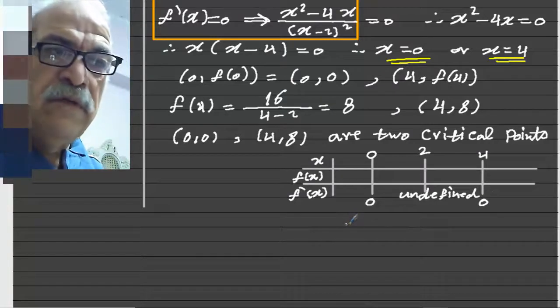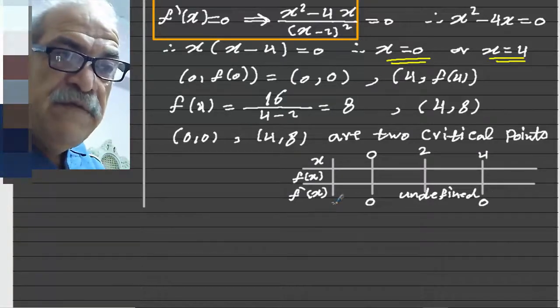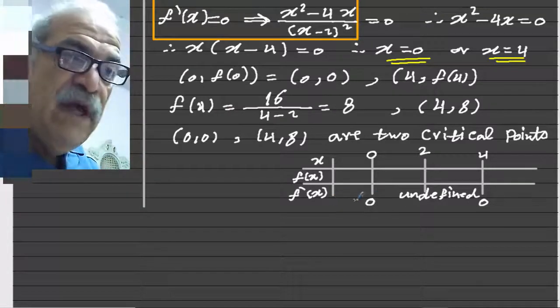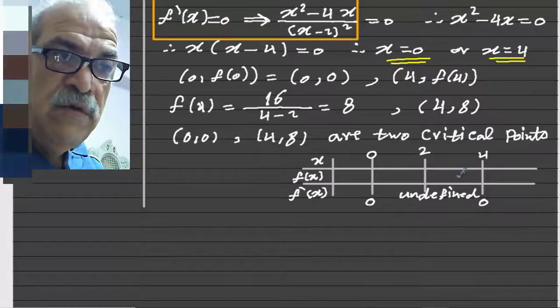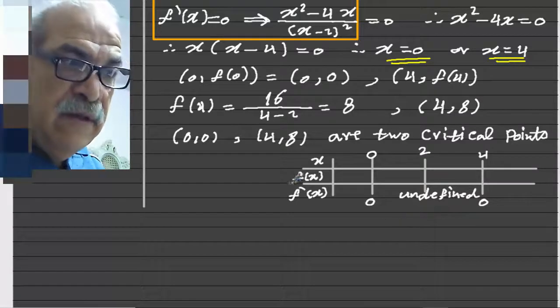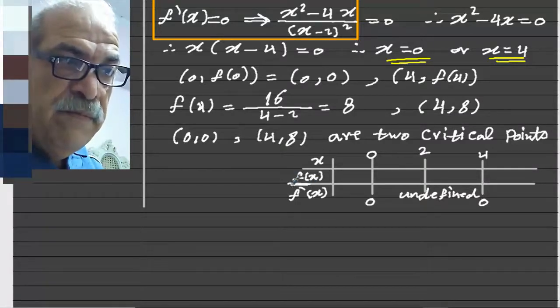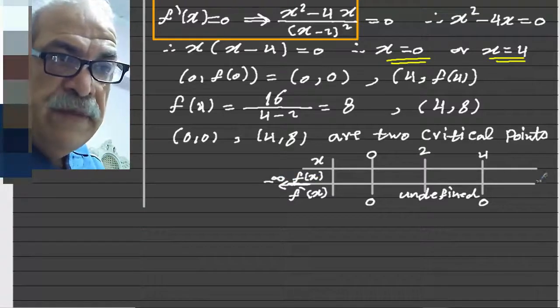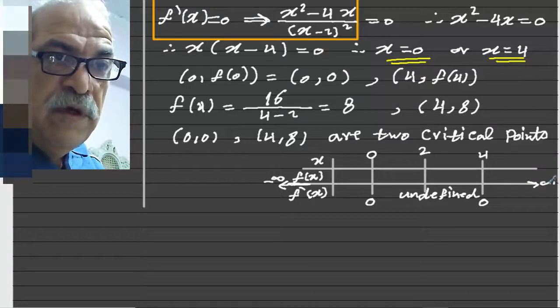So now we check the signs of f dash in these intervals. Okay, we have 4 intervals, 1, 2, 3, 4. The first is from negative infinity to 0, and the last is from 4 to infinity.